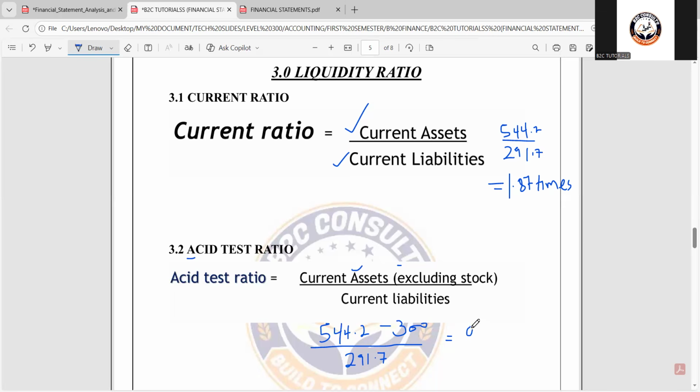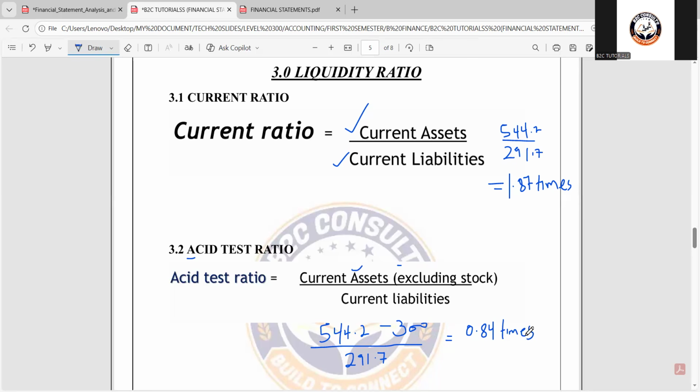It means that my current assets less my stock can be used to pay my liabilities 0.84 times.